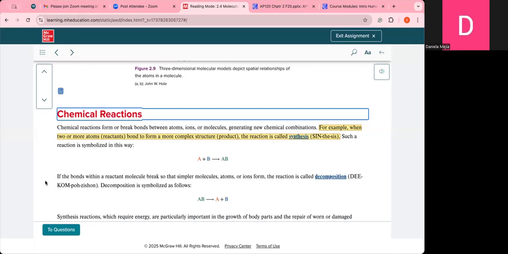So you have A is a reactant, B is a reactant, and AB would be the product. So the more complex structure that reactants form is a product.